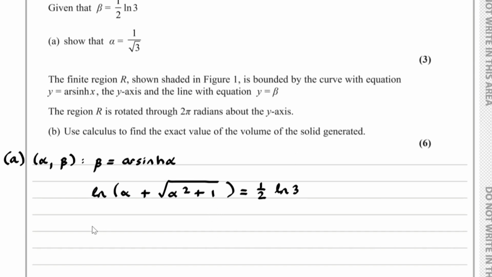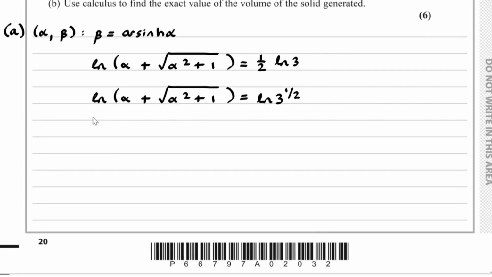So we've got the left hand side remaining the same. However, for the right hand side, that's equal to the natural log of 3 to the power of 1/2, and if we antilog both sides, we would have alpha plus the square root of alpha squared plus 1 equals 3 to the power of 1/2.